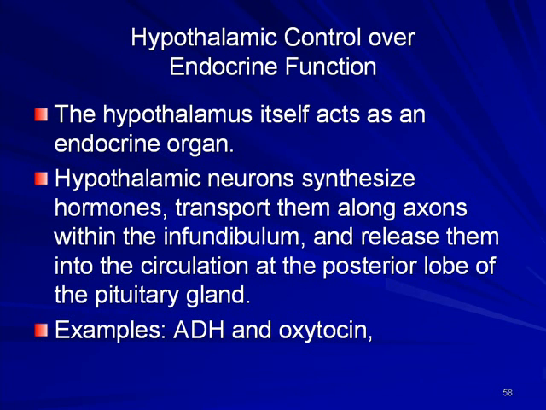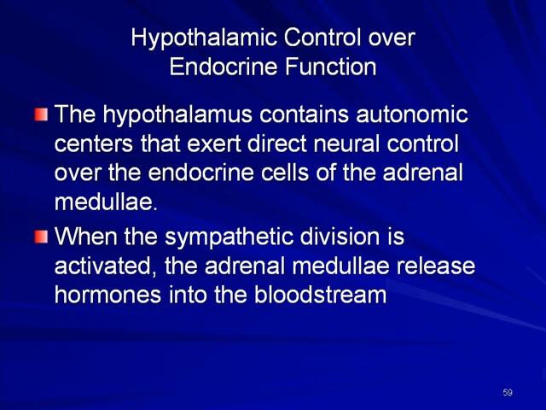That's referred to as the infundibulum. We see the release into circulation at the posterior lobe of the pituitary gland. The two primary hormones released from the posterior lobe are antidiuretic hormone and oxytocin. That should be highlighted, but it will be highlighted later on in this lecture.